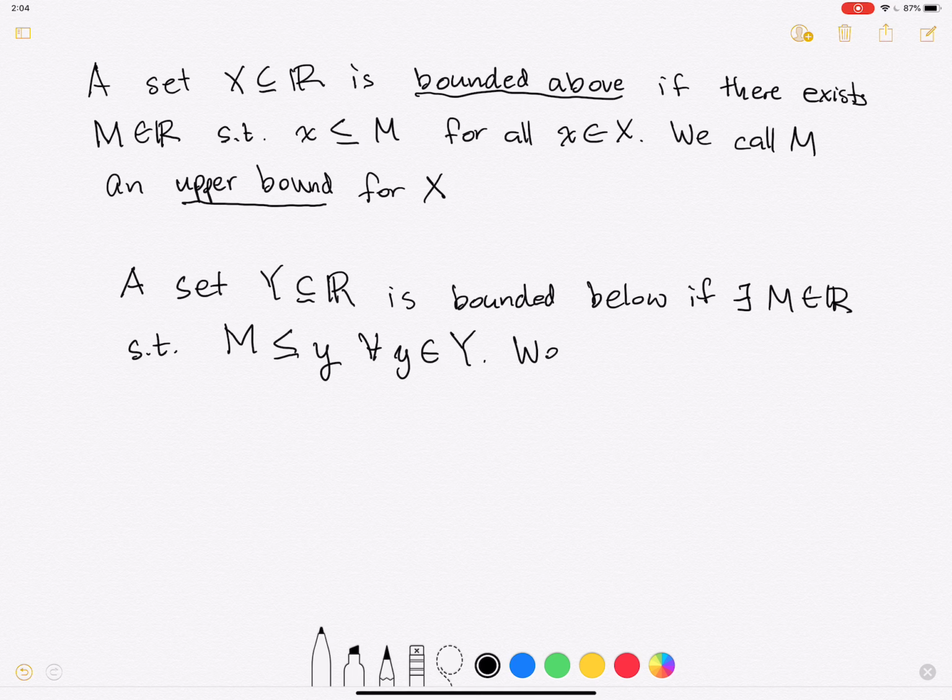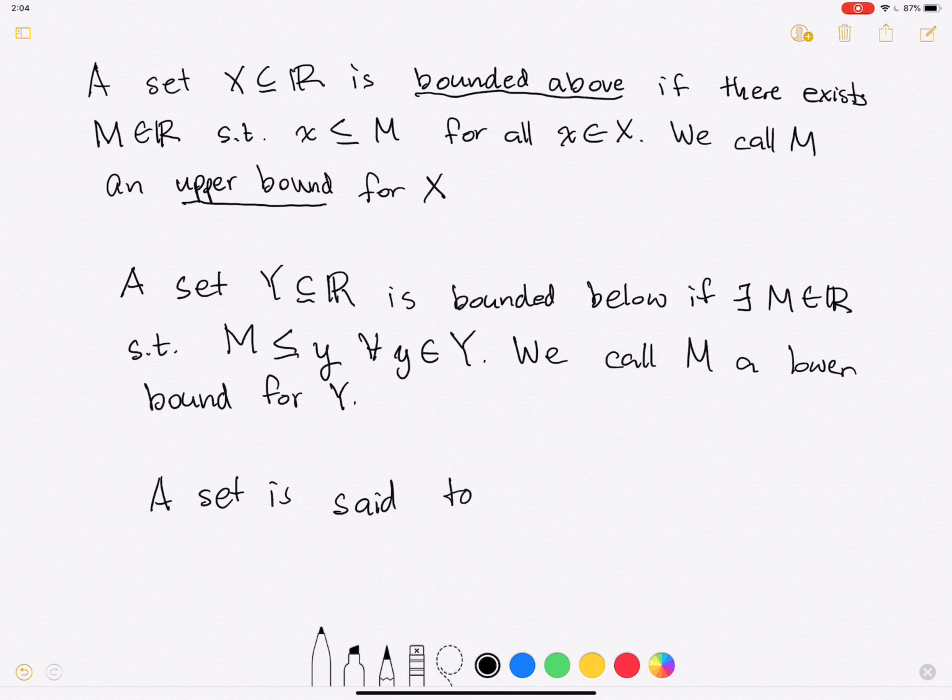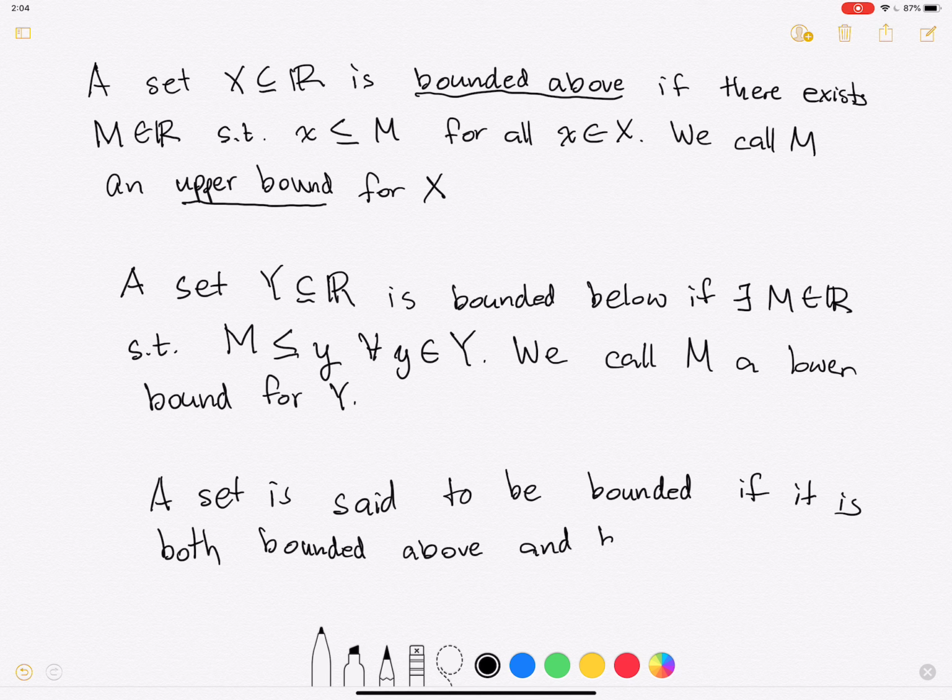We call M a lower bound for Y. A set is said to be bounded if it is both bounded above and below.